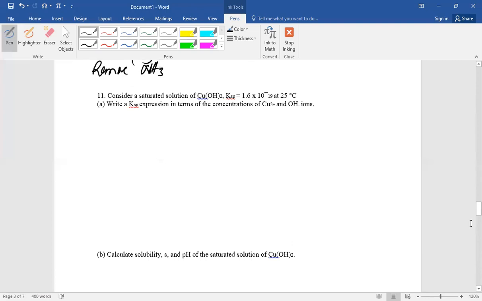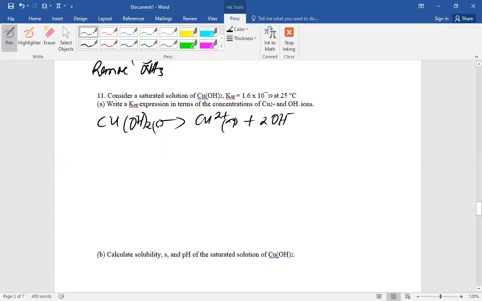Question 11, consider the solution of copper 2 hydroxide. This is a saturated solution. When it dissociates, we get aqueous Cu2+ and OH-. They said, write the KSP expression in terms of the concentration of copper 2 ions and hydroxide ions.